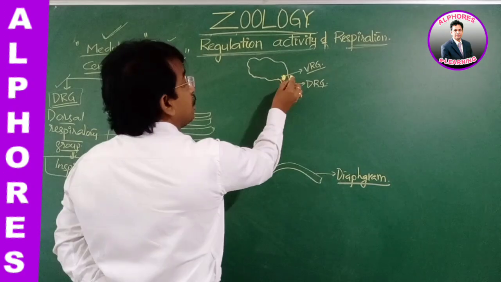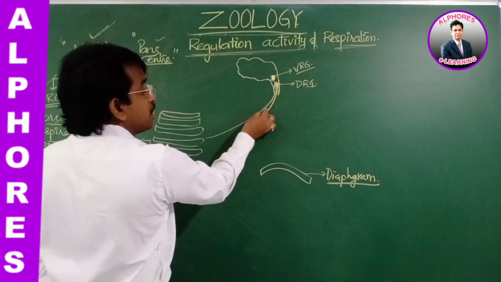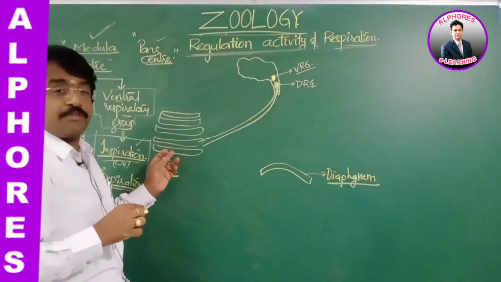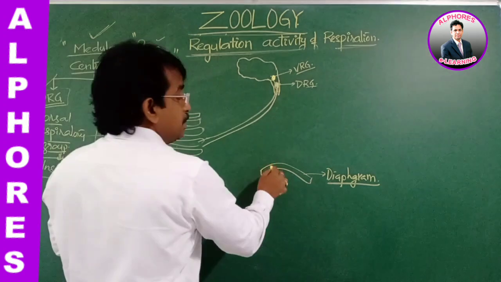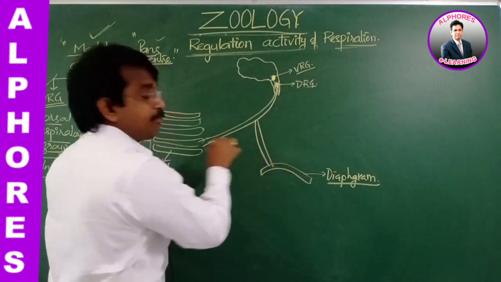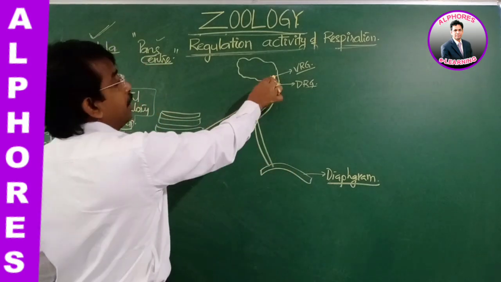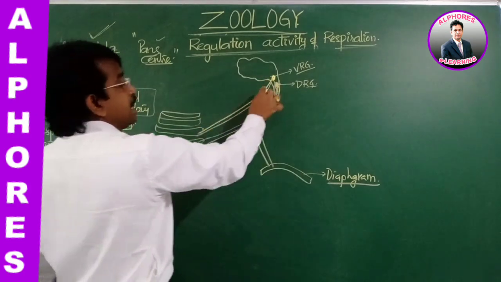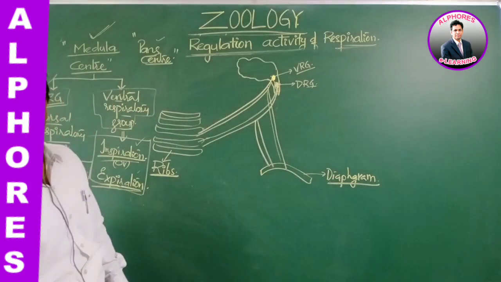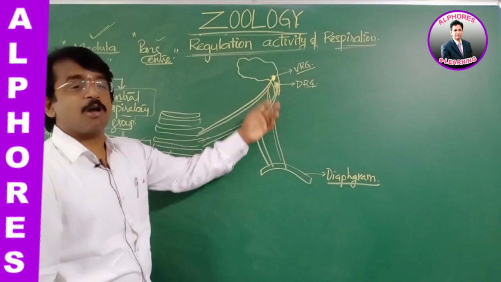The dorsal respiratory group gives the necessary signal to the ribs and the diaphragm. In the same way, the ventral respiratory group gives the necessary signal to the diaphragm as well as the ribs for either inspiration or expiration.